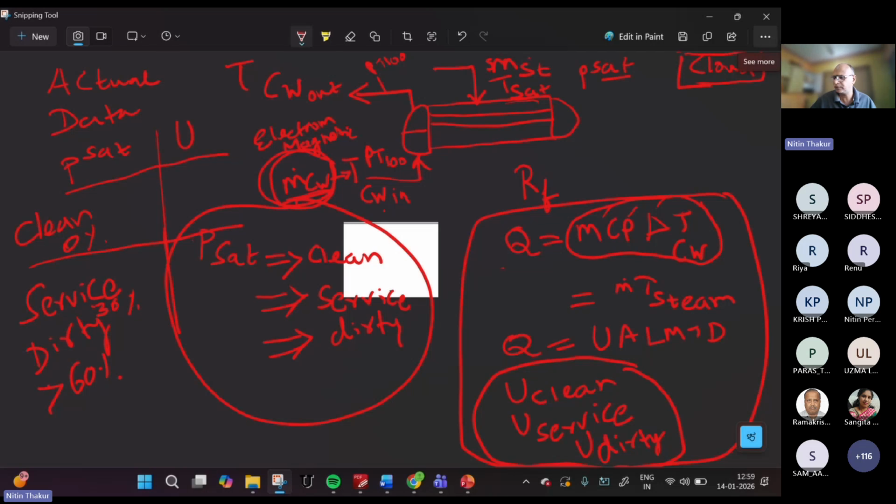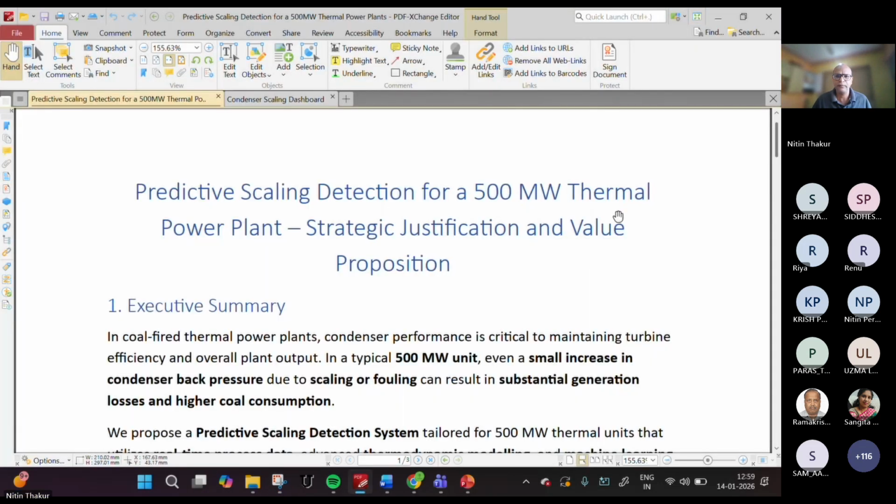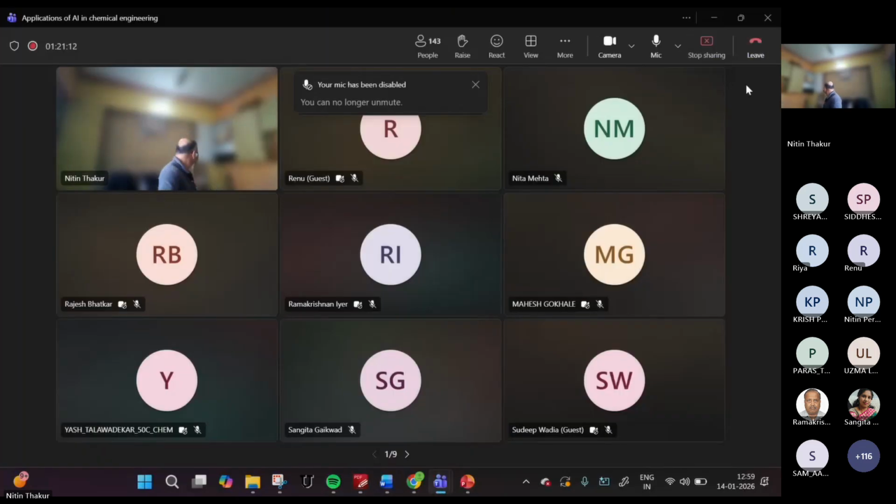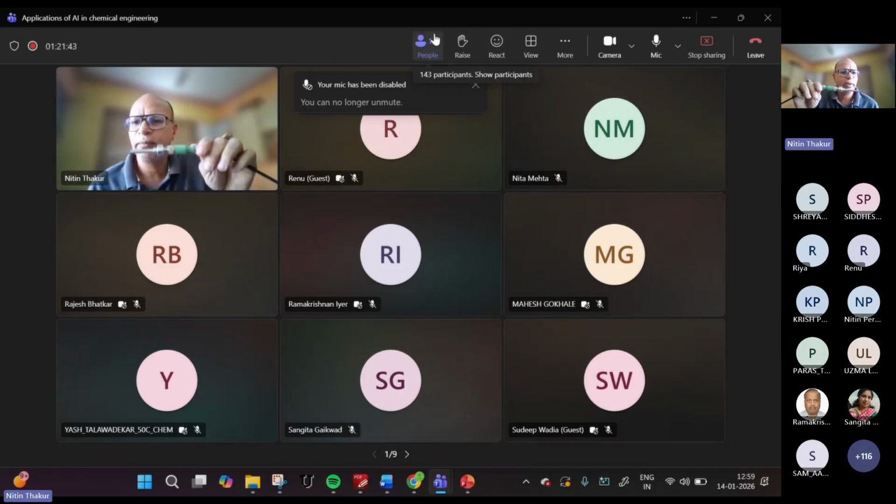I happen to have those temperature sensors with me. I'll just show you that. Just 1 minute. I think you can see it.